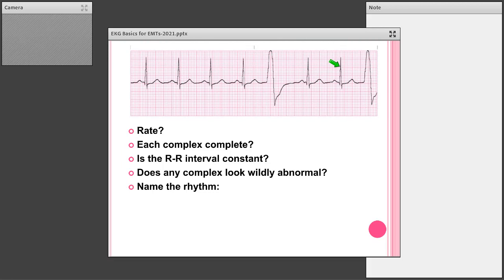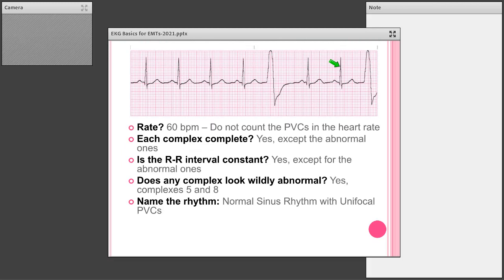Anything crazy with the QRS complex? And anything crazy with the PR interval? So this one, I'm just giving you a second to figure it out, is a normal sinus rhythm.